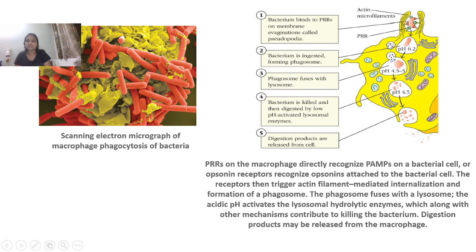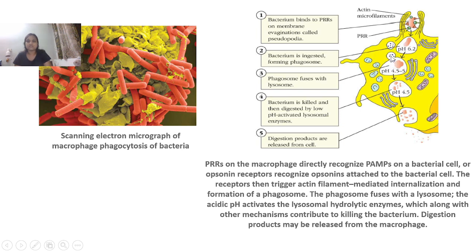Here you can see the lysosome. We all know lysosomes are organelles present in the cell which produce certain enzymes and will degrade whatever is entering into the lysosome. So this phagosome enters the lysosome and forms a phagolysosome.